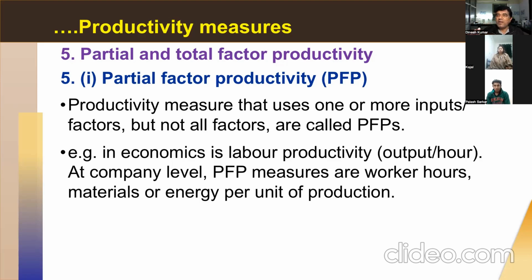Whatever irrigation I have used, I will convert it in terms of money. So we can calculate the cost of production, the cost of all inputs, and then we know the value of the output and we can simply divide. That will be the total factor productivity.